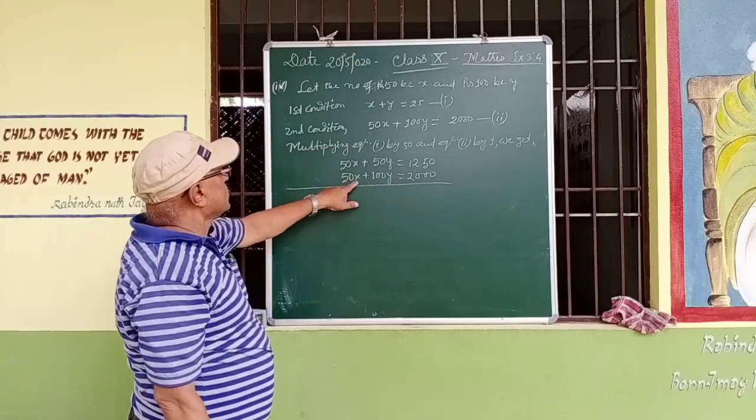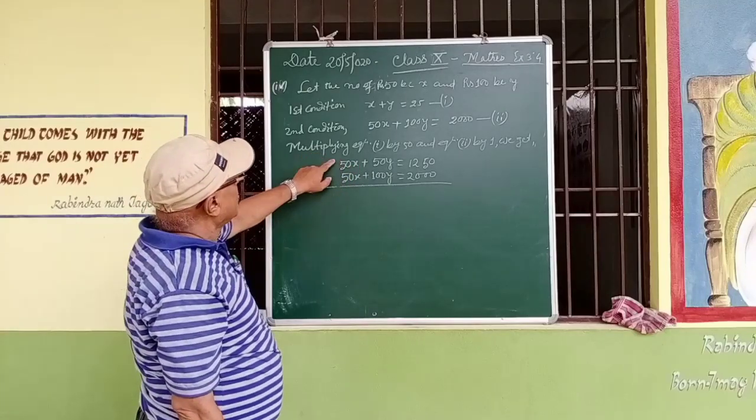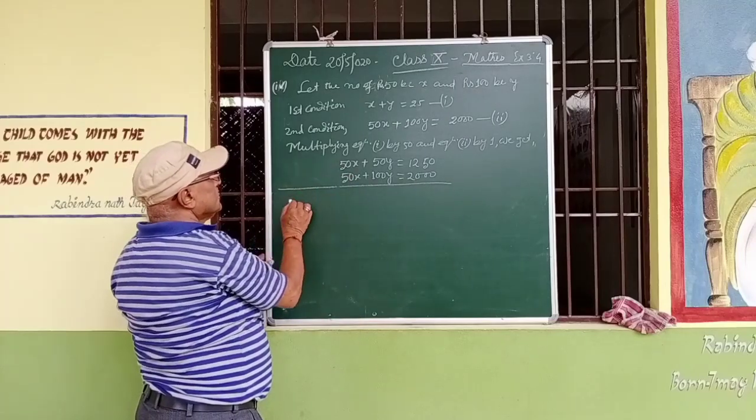Now the coefficient of x is 50 in both, so they become equal and both have the same plus sign. So in such cases we subtract.